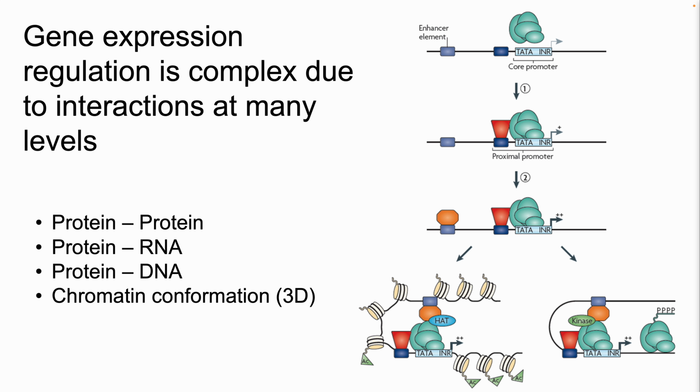I think of the histone compaction as almost a 2D level, and then there's a whole other 3D level in terms of how these things are packaged inside the nucleus. So there is complex machinery regulating which genes are being expressed or suppressed at any given time in any given cell.